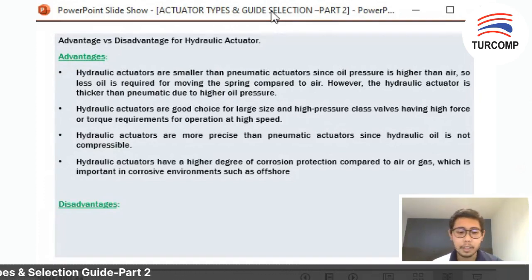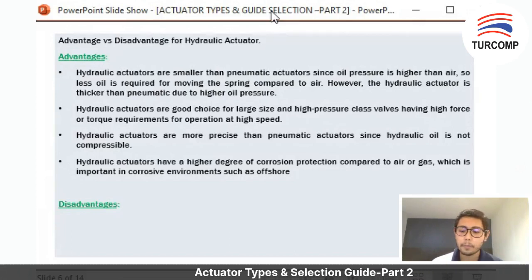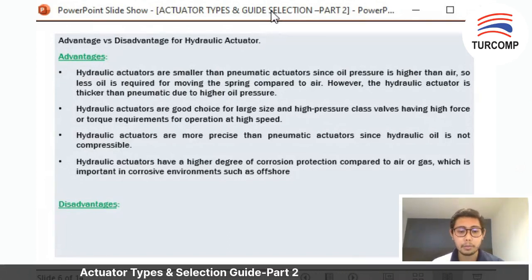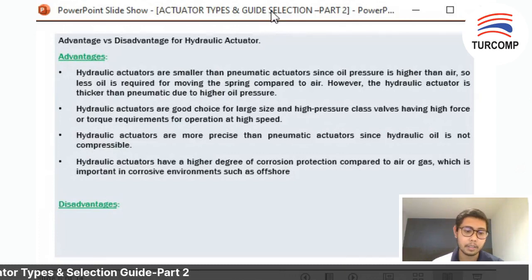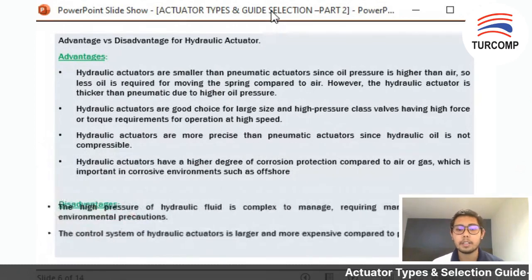Pneumatic air could have a presence of moisture, and moisture can lead to corrosion, so that could be the disadvantage. So hydraulic is good for actuators in places like offshore and so on. Okay, let's see the disadvantages.